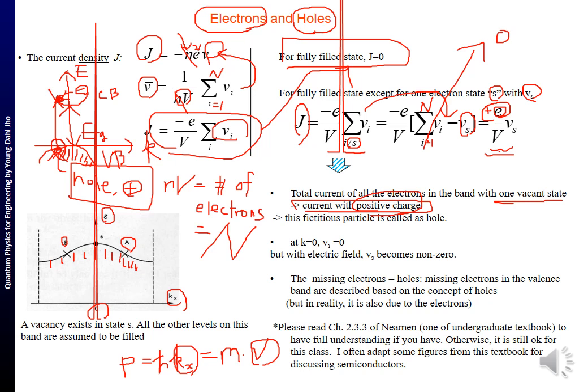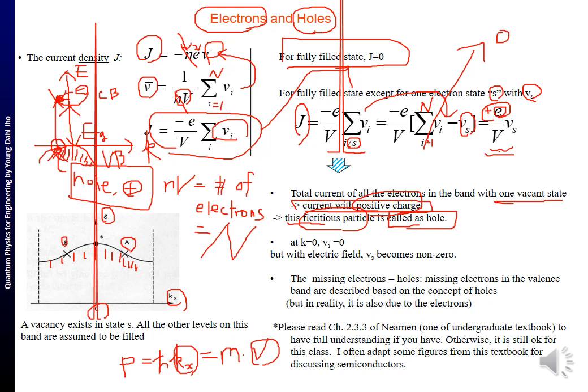So that one positive charge corresponds to the missing electronic state, and we rather describe it based on a fictitious particle. It is not realistic, but if you presume there is a hole, instead of a missing electron, we just consider there's one positive charge. We call it hole.